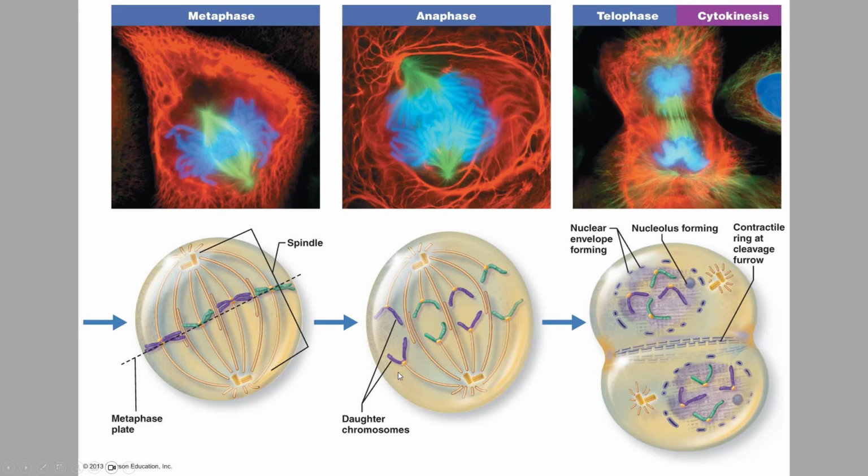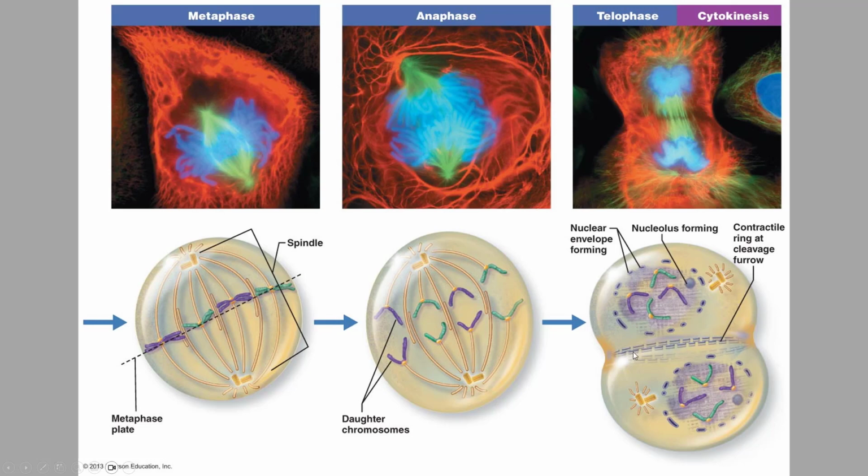At the same time, even though we don't see it happening in all those other phases, all of the organelles are moving to opposite ends of the cell also. And usually around anaphase, we start to see the inside pinching of something called the cleavage furrow. We can see it pretty evident right here, but this is the actual division of everything else in the cell.